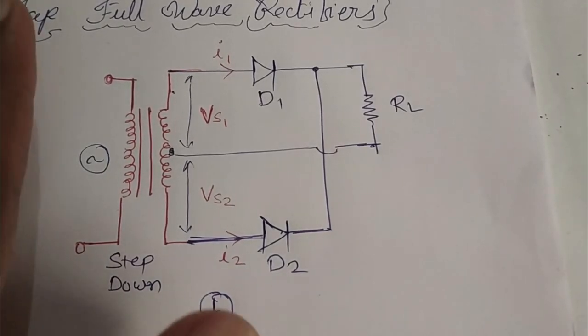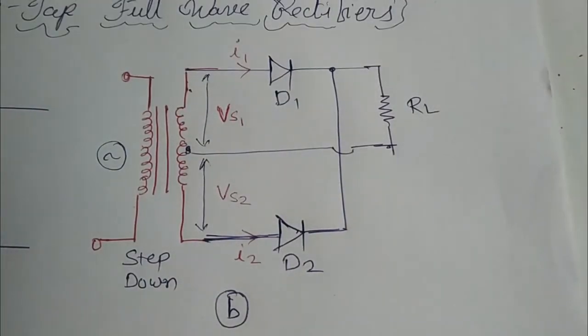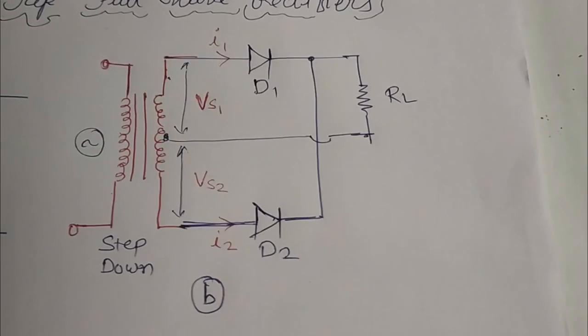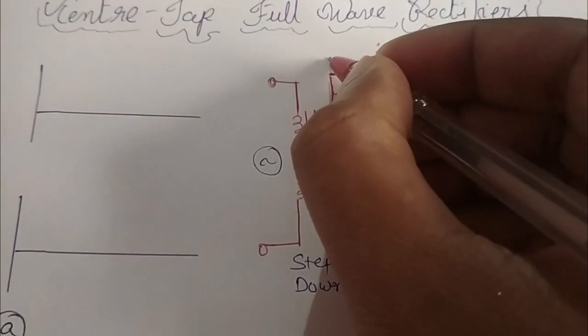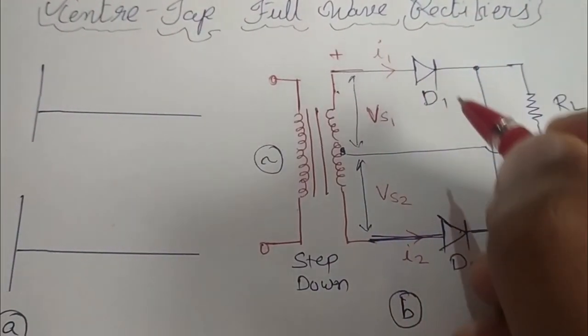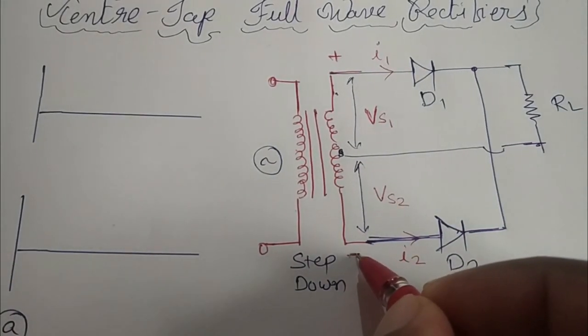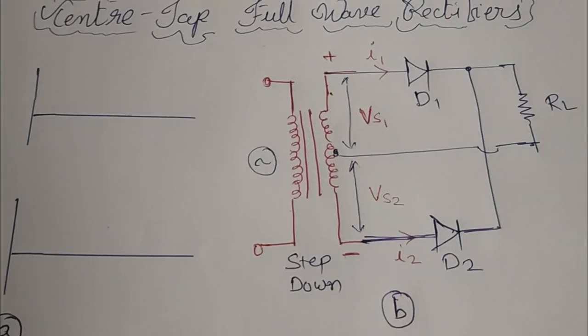So we will see how we are giving the input and what kind of output we are getting here, and for that we have to see the various expressions in circuit analysis. At the input side, this voltage is divided into VS1 and VS2. For this half part, if we consider the first is the positive cycle and here the first will be the negative cycle.